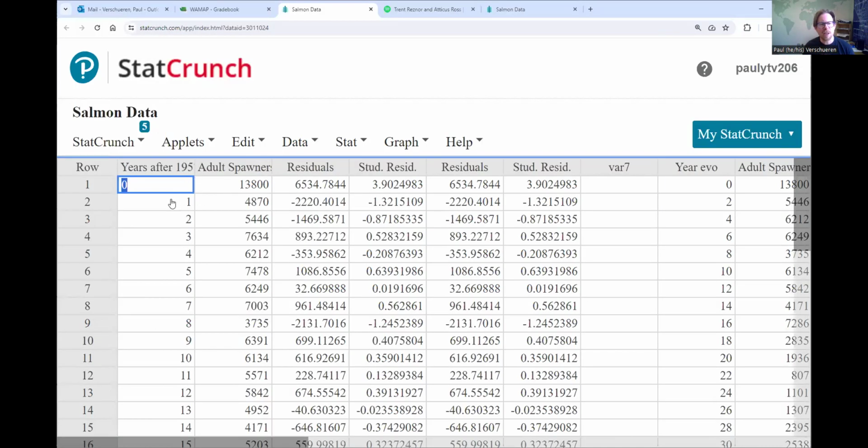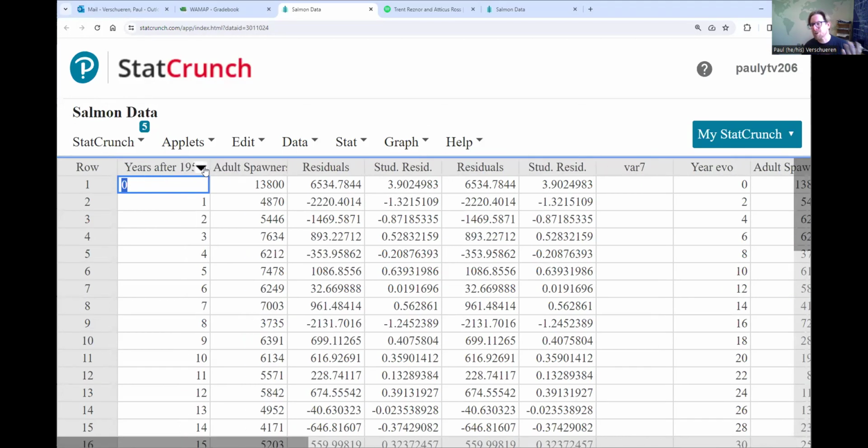Like a lot of models, the X variable is going to be measured in years after a certain time. They started counting salmon in the Columbia River in 1957, so we call the year 1957 year zero, the start of our model. The year 1958 would be year one, 1959 would be year two, and so on.